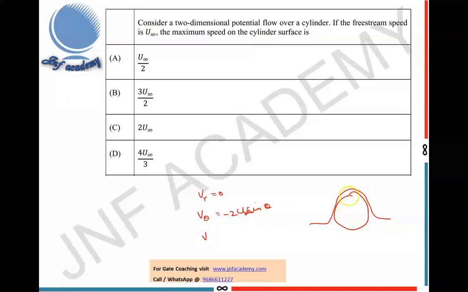So if you substitute that, maybe at this point as well as at this point, right? So your v theta will become minus 2 u infinity. If you just take the magnitude, the maximum speed it can reach on the surface of the cylinder is 2 u infinity, which means double the free stream velocity. So option C is the right answer.